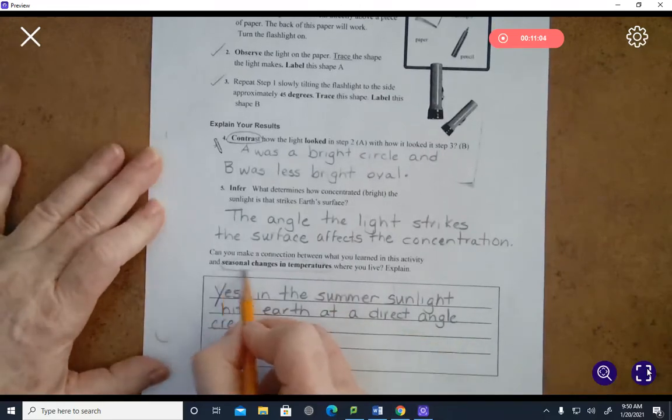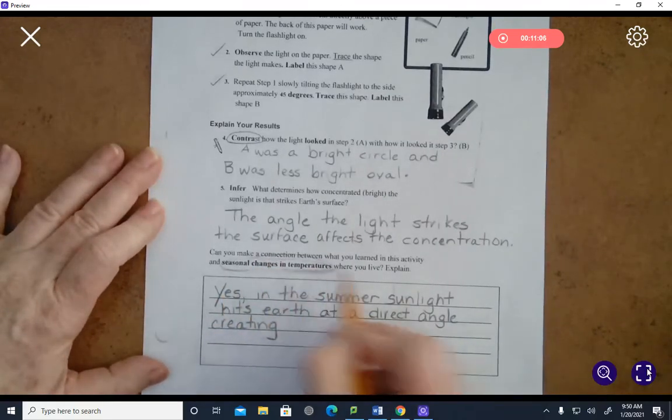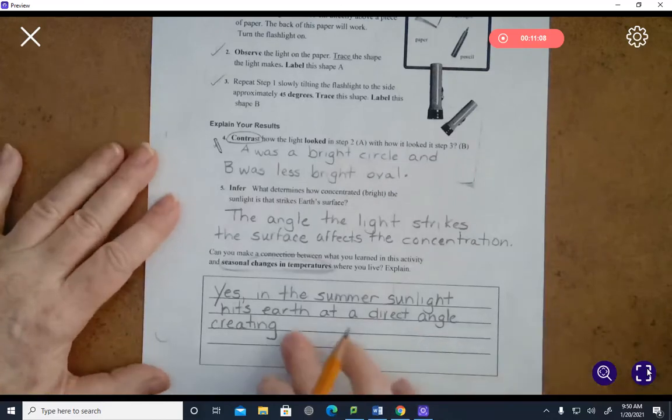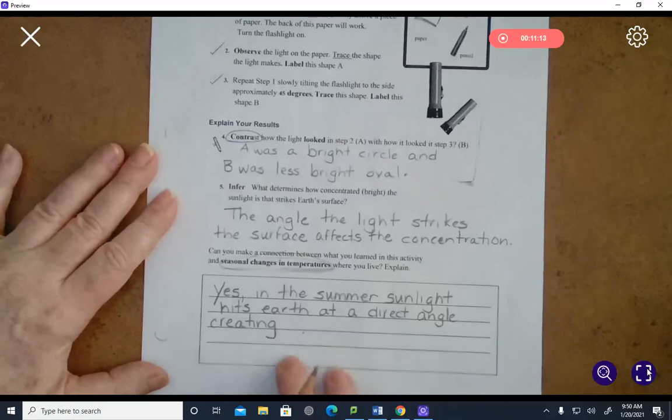It says seasonal changes in temperatures, so what does it create? So I got you started. You want to finish this sentence for full credit on that.